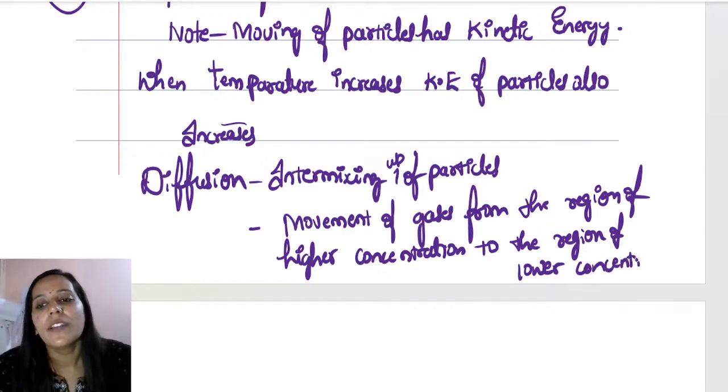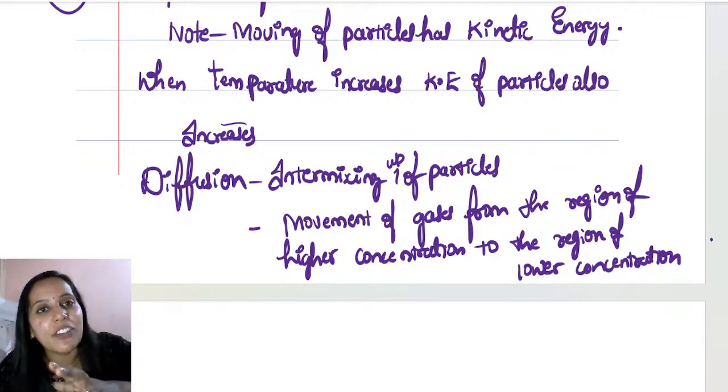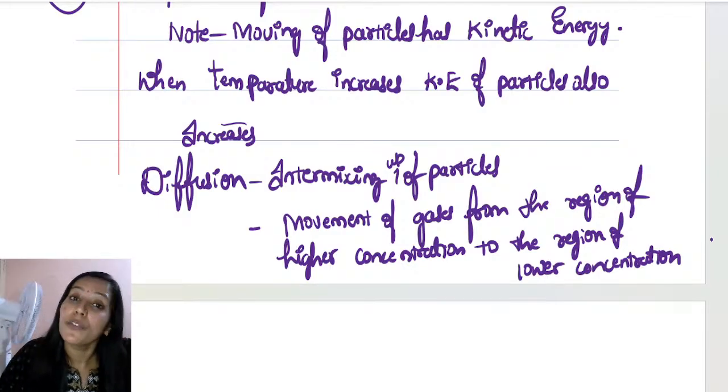I told you, when you get a smell, the smell is actually produced in one area. It will be more in that particular area, and from that region it will move towards the region where there was no smell.